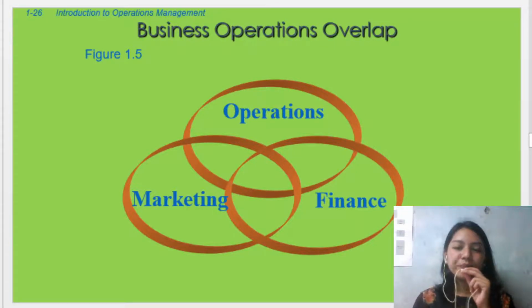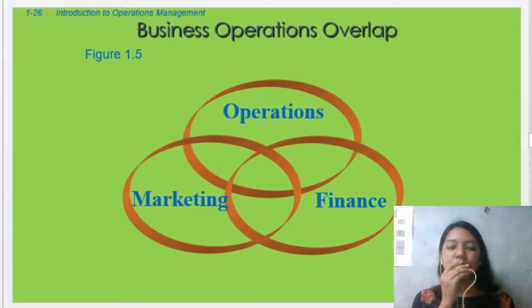In this slide, it's figure 1.5, the business operations overlap. We can see that the three basic functions of business overlap with each other. I've already explained to you before how marketing interconnects with operations, how finance interconnects with operations, how marketing interconnects with finance, and vice versa.